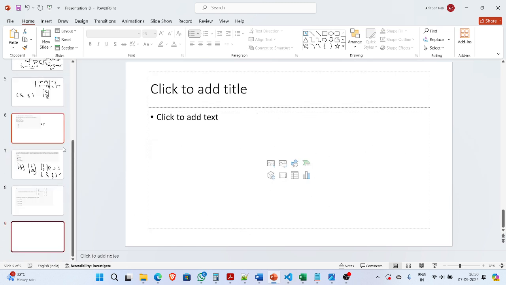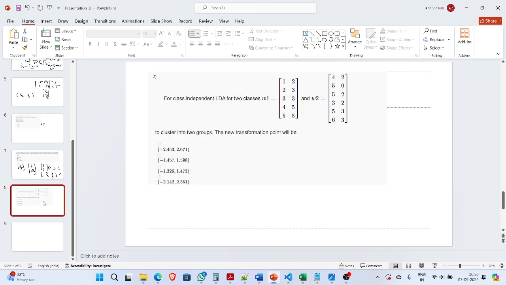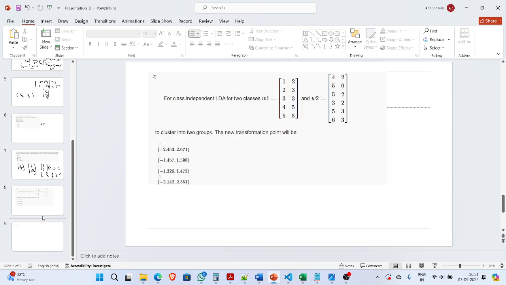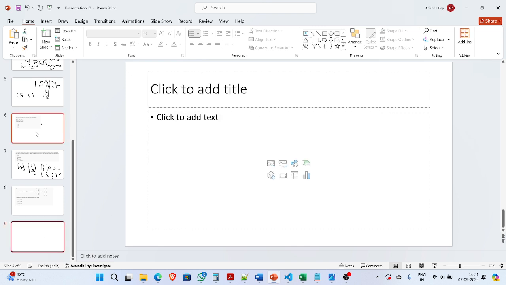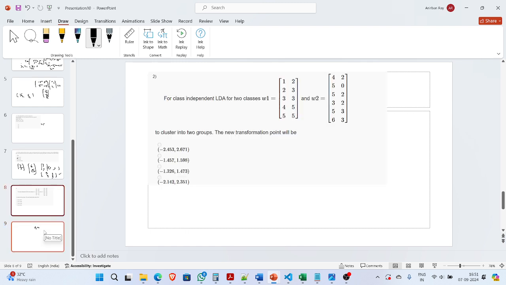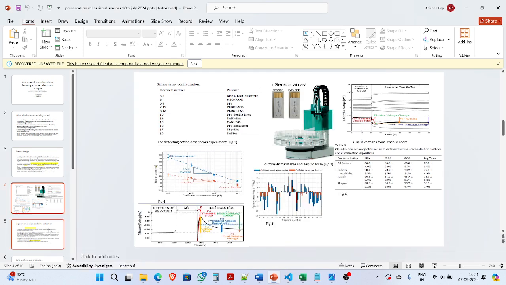It's not required. So what we're doing here is that first we need to find the mean. So mu1 is the mean here, and it comes out to be, as you can see, 5 and 6 by 2, 15.